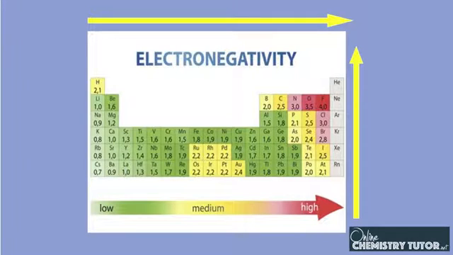You are not required to memorize electronegativity values. You are expected to know that the general trend is that they increase from left to right and they increase from bottom to top on the periodic table. The reasons for that are related to increased nuclear charge as you go from left to right, with the same amount of electron shielding.